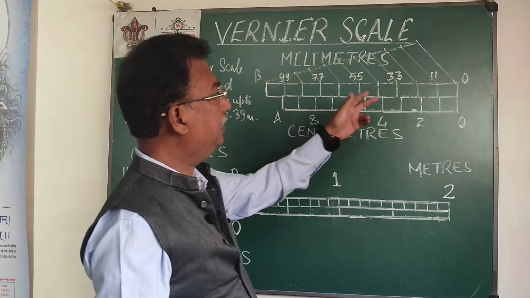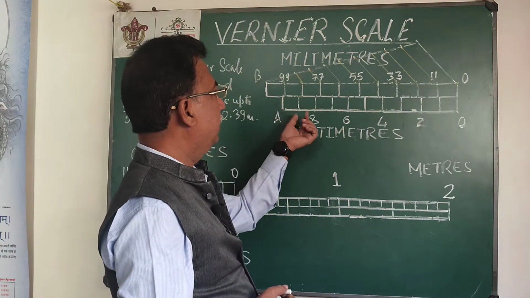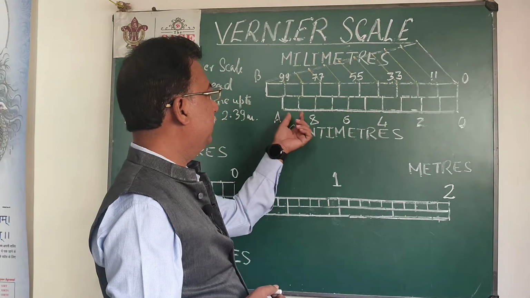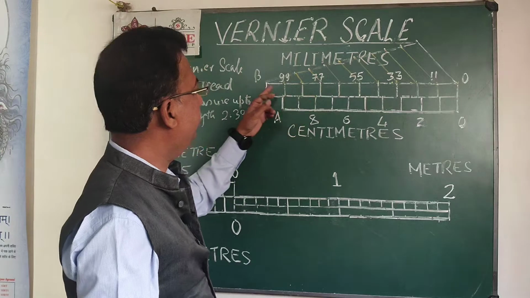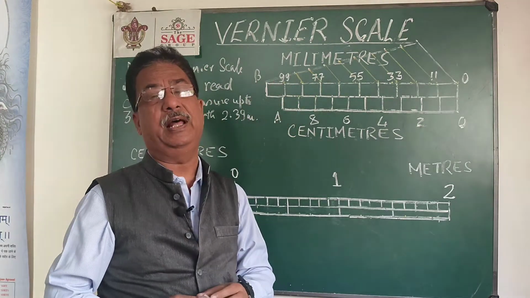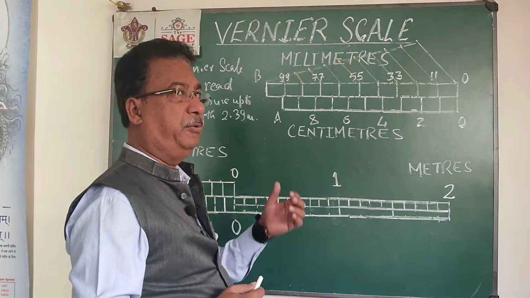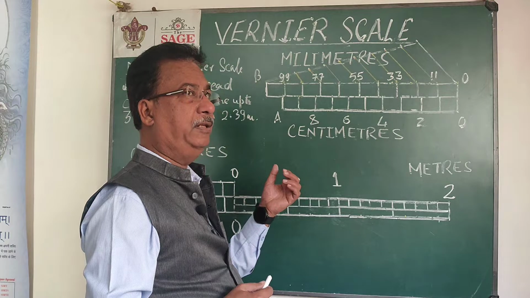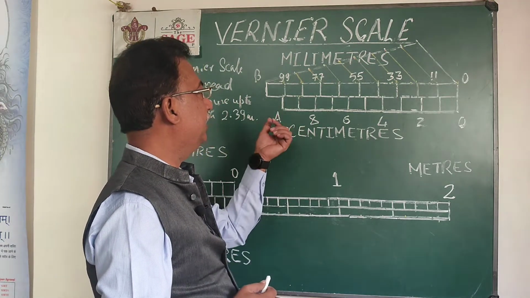In the primary scale, the length OA is 10 centimeters, divided into 10 parts, so one part is 1 centimeter. In the vernier scale, we take a length OB equal to 11 centimeters.